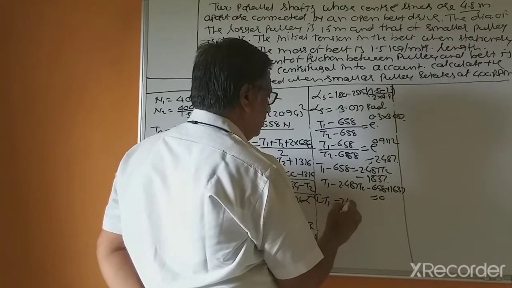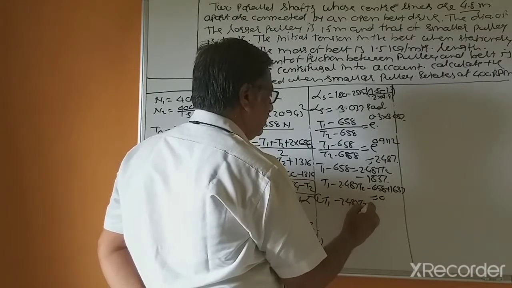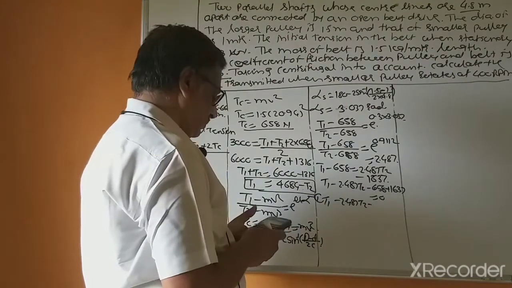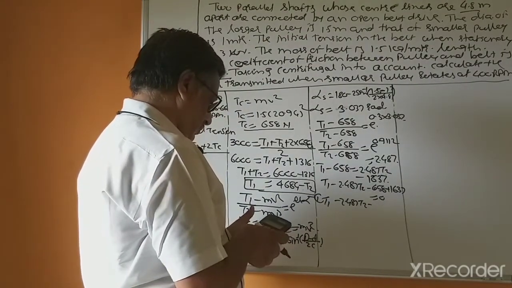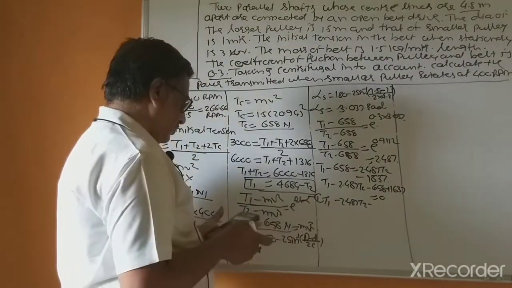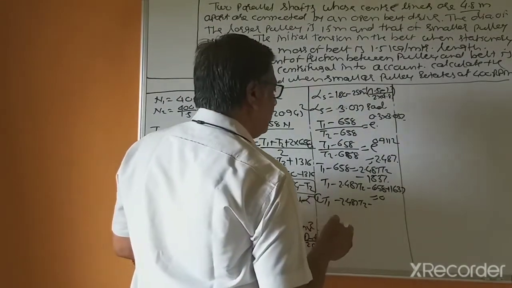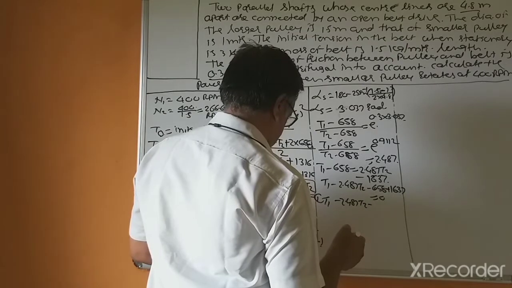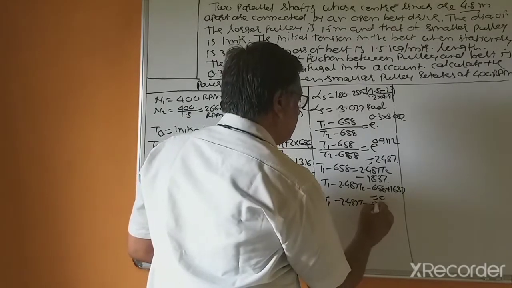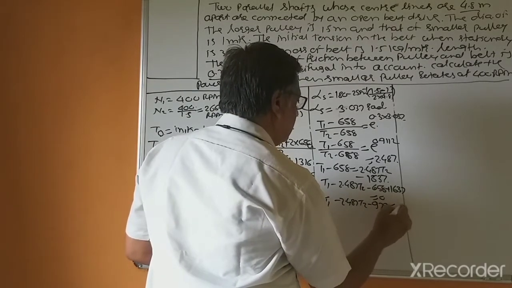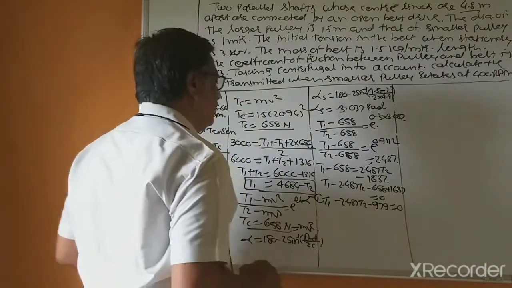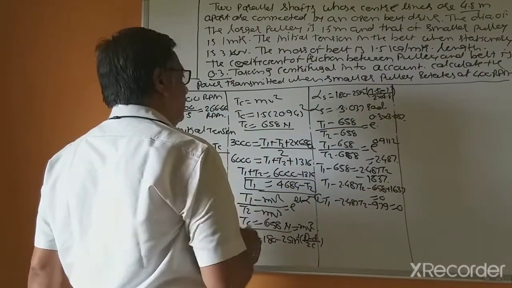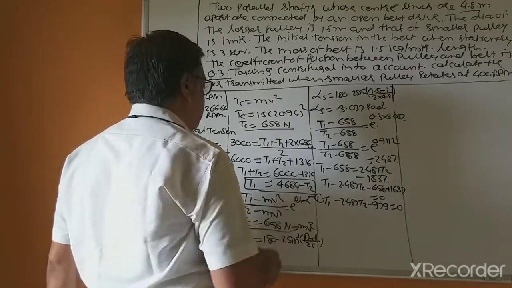T1 minus 2.487 T2 equal to 978, 979. Suppose this is equation 2 and this is the first equation.